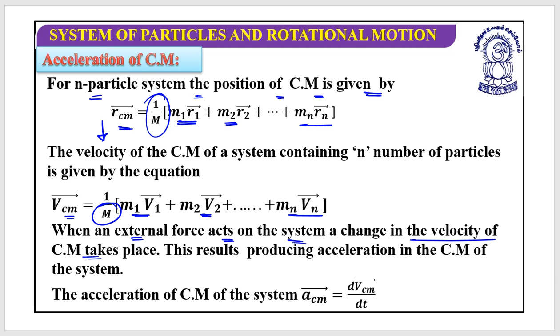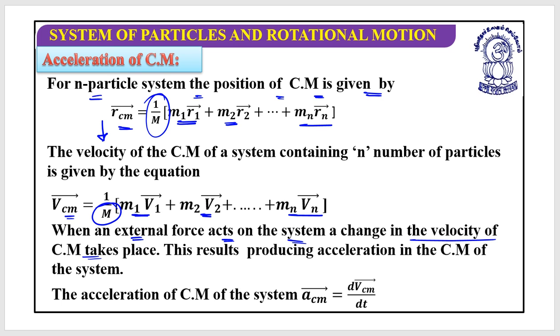We are going to discuss this in more detail, but at this point you must understand that external force is required to change the velocity of center of mass. That means if only internal forces are acting on the system, I repeat, if only internal forces are acting on the system, then there would be no change in the velocity of center of mass or position of center of mass.